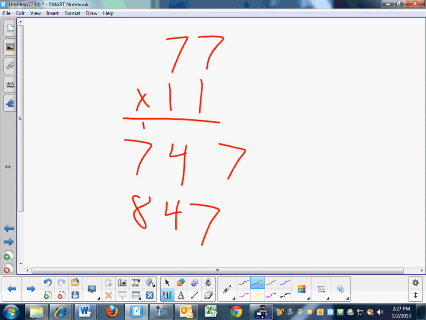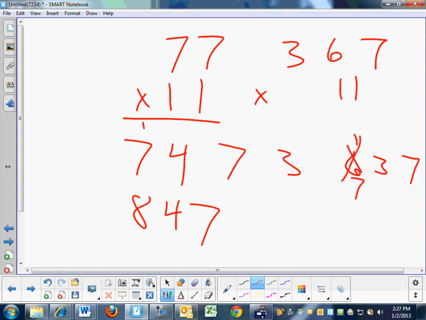No, it works with 3 digits as well. Give me a 3-digit. 367. Watch this. Times 11. We'll go 3, 6, and 7. What's 6 plus 7? 13, carry the 1. So that's 7 now, right? 3 plus 7? 10, carry the 1. So that'll be 4. So 4, 7, 3, 7. Actually, I have no idea if that works.